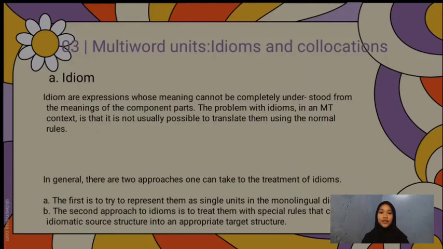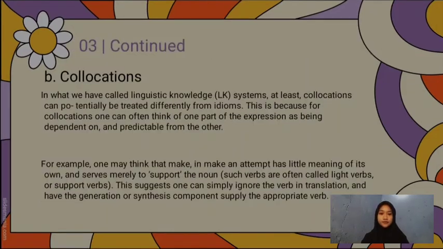In general, there are two approaches one can take to the treatment of idioms. The first is to try to represent them as single units in the monolingual dictionaries, and the second approach is to treat them with special rules that change the idiomatic source structure into an appropriate target structure.